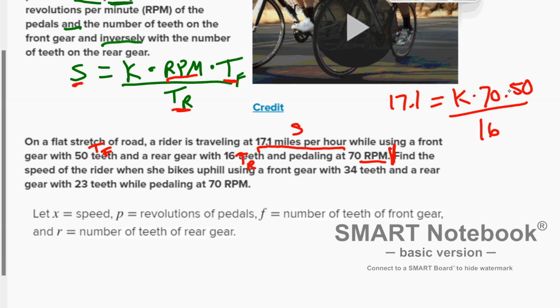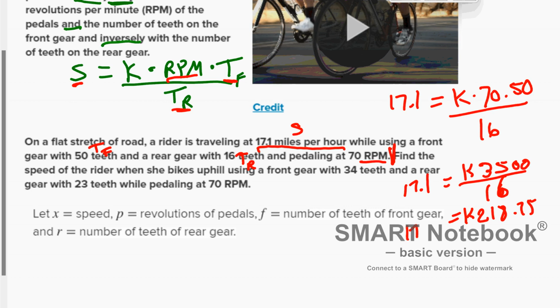Let's do that. So 7 times 5 is 35, and then I have 2 zeros, divided by 16. Then I'm going to take my 3,500 and divide that by 16, and I get 218.75 times k equals 17.1.